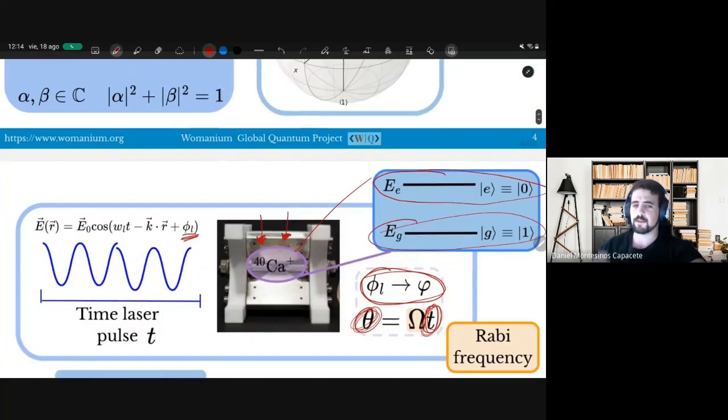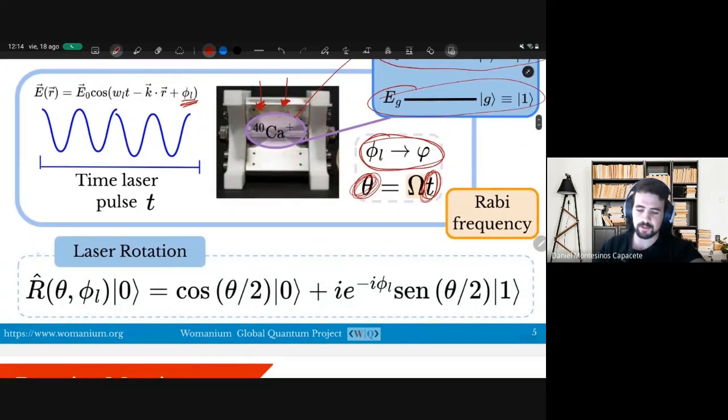The relation is given by this rotation here, which we will also try to explain a little more later. How did we come up with this? Using the laser, you can apply this rotation to the state of your qubit, in the sense that you are changing the electronic states of your outer electron, right?